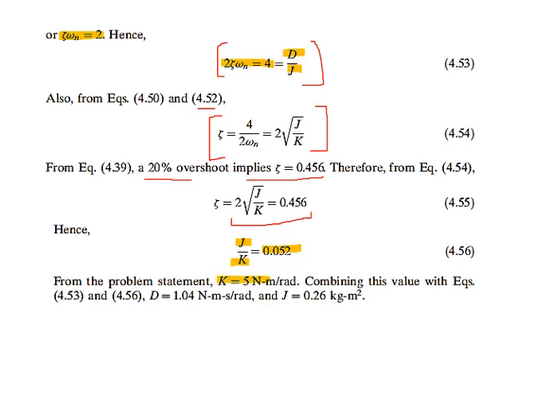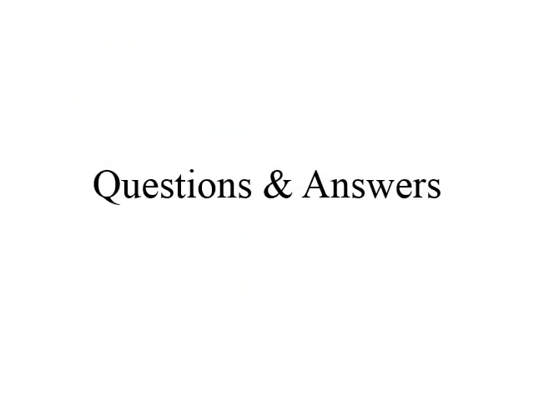And from the diagram, we know that K equals 5, so J is equal to 0.26. We can also solve for the value of D, which is equal to 1.04, through equation 4.53. And with this we have designed the components of the rotational mechanical system for overshoot of 20% and settling time of 2 seconds. Now if any of you have any questions, please ask.